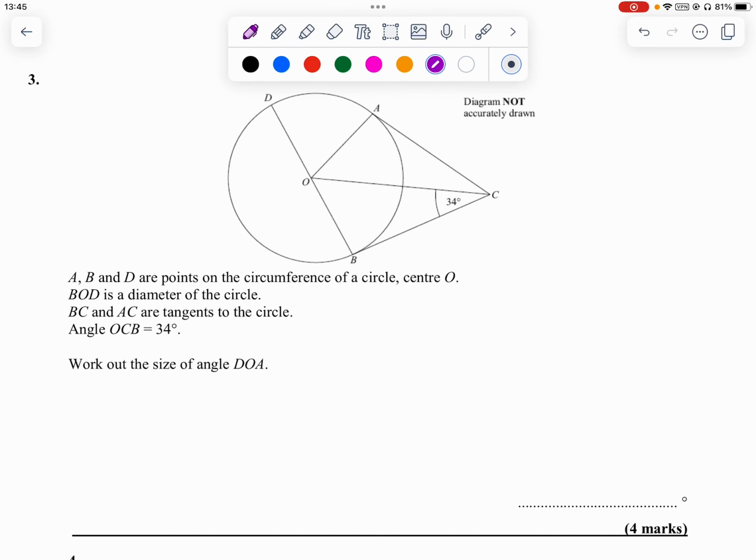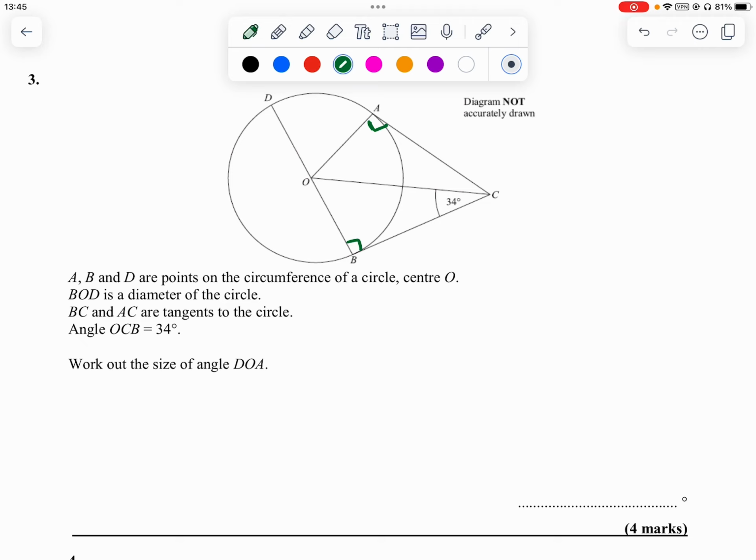Question number 3. A, B, D are points on the circumference of a circle, center O. BOD is the diameter. BC and AC are the tangents to the circle. Angle OCB is 34. Give the size of the angle DOA. So we know that this particular angle at A will be 90 degrees. At B also it will be 90 degrees.